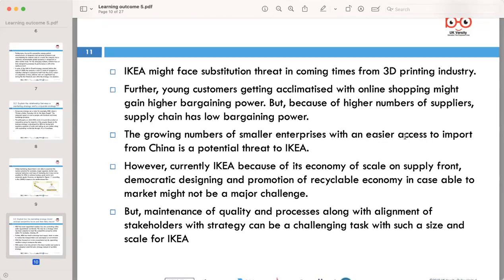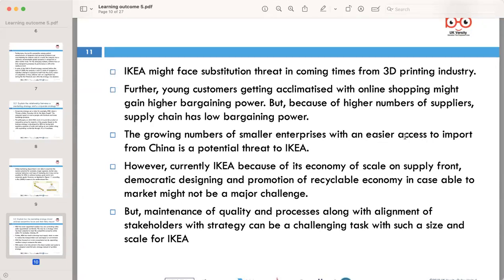Additionally, as younger customers become accustomed to online shopping, they might gain higher bargaining power, influencing pricing and product choices. On the supply chain front, the sheer number of suppliers gives IKEA relatively low bargaining power. Furthermore, the growing presence of smaller enterprises with easier access to imports from China could potentially challenge IKEA's market position.